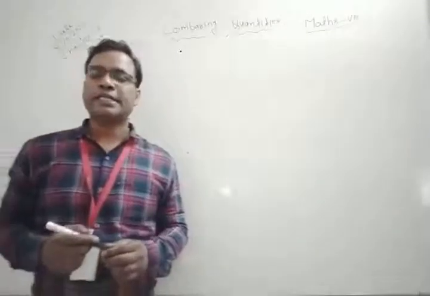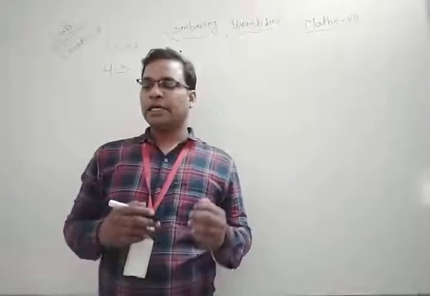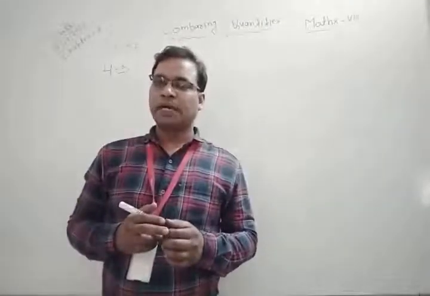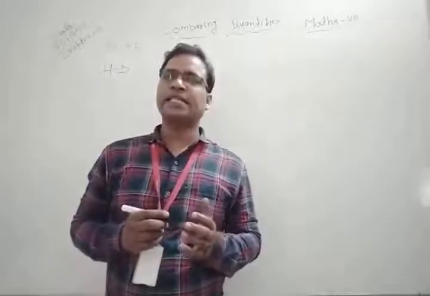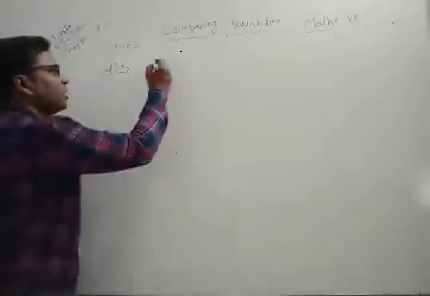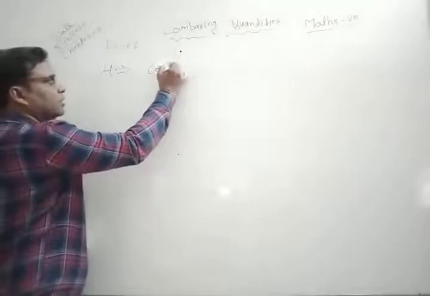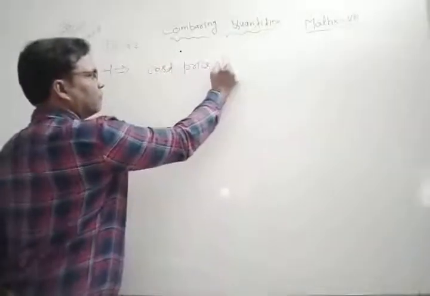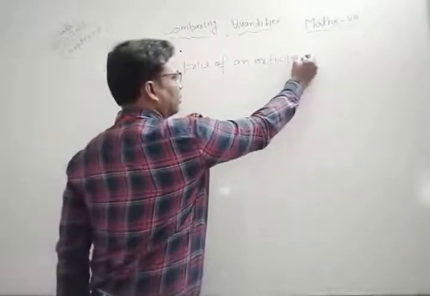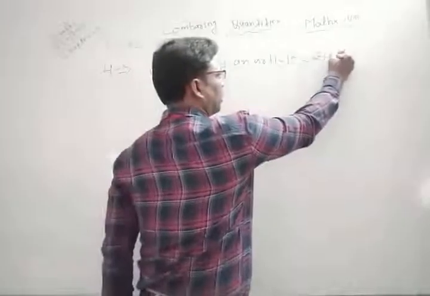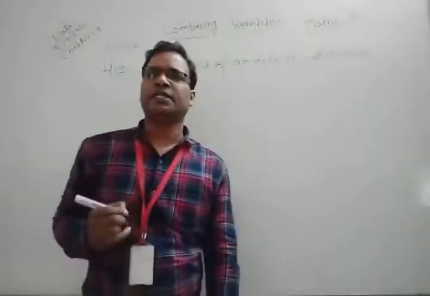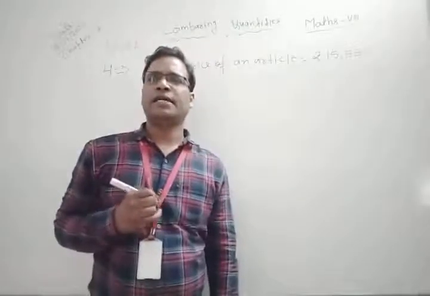In this question, what is given? The cost price of an article is 15,500, and the repairing cost is also given, 450 rupees. So first we write here: cost price of an article, rupees 15,500.